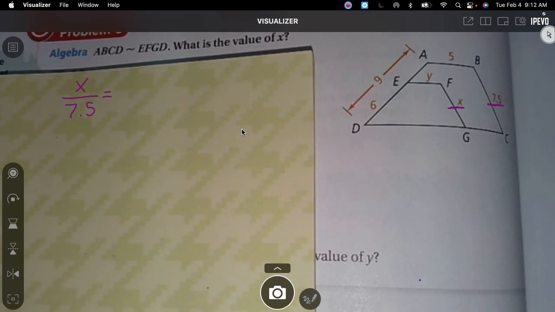What does it go with? 6, this little piece. So I did X and the long piece. 6 and the, what's that long piece? Y'all don't see it? Okay, look.